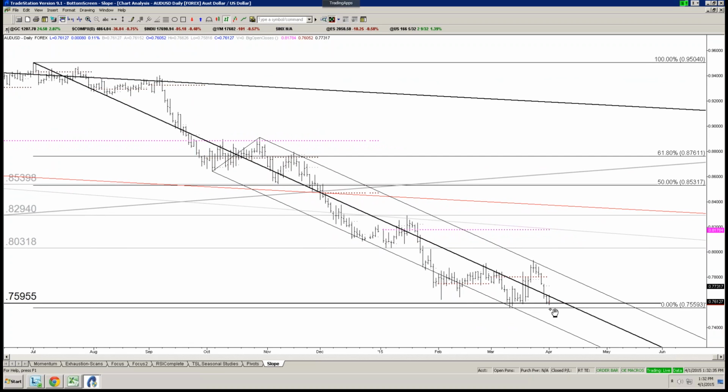Because let's say we even get to a new low, but let's say that the low occurs somewhere like right here before the lower parallel, and then you reverse higher. That's going to be a really big sign that the Aussie dollar's really changed its tune, okay? Because that would give us, again, a raised floor along what's been an extremely precise parallel.